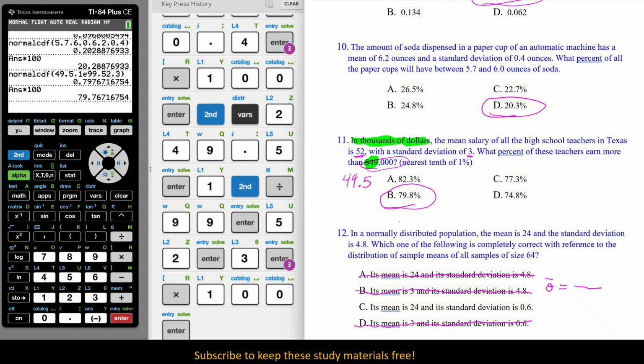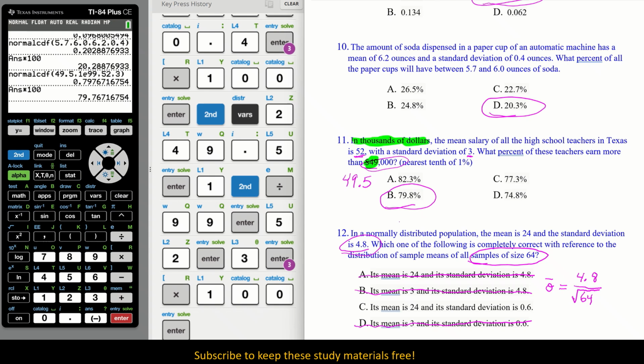We're going to use the given, this is why they gave us the standard deviation. You take the standard deviation from your actual population, that's the numerator, and your denominator will be the square root of the sample size. Now we pop that in the calculator and see what comes out.